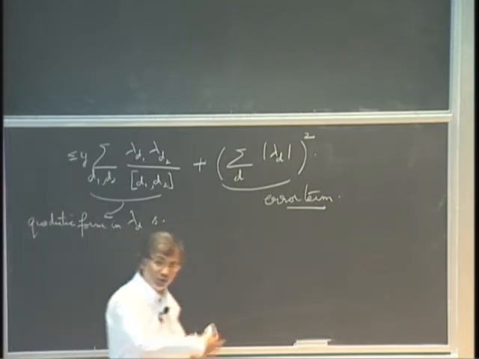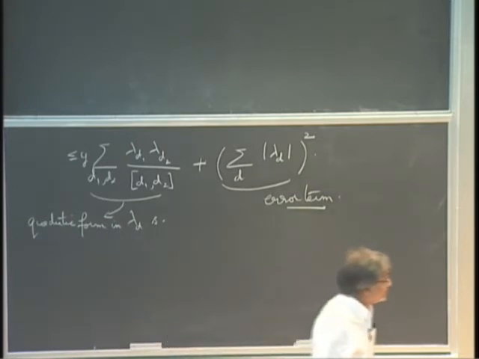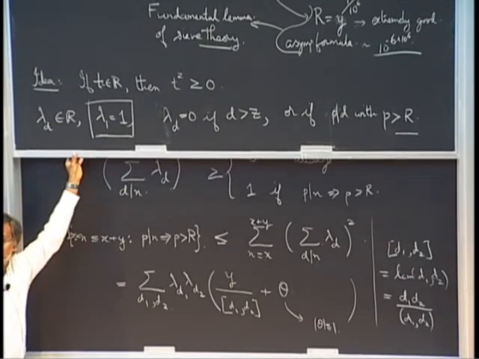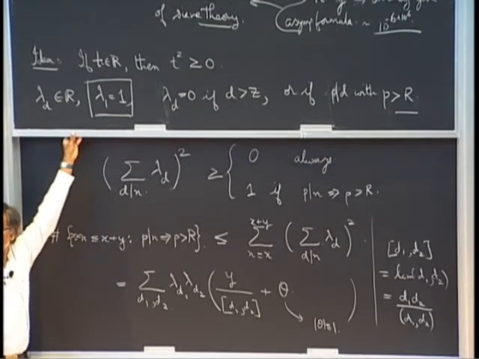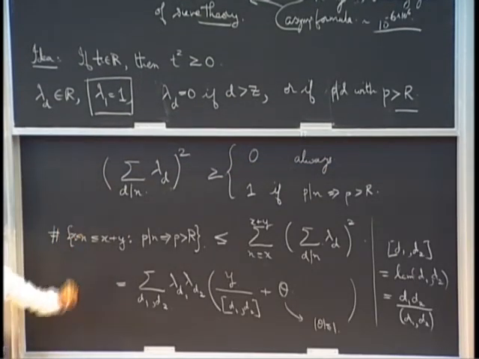Lambda d is 0 unless d is less than z and composed only of prime factors less than r. And then I have this main condition here that there's a linear constraint in the lambdas that must be satisfied, that lambda 1 should be 1. Okay? So now we have a very simple optimization problem.